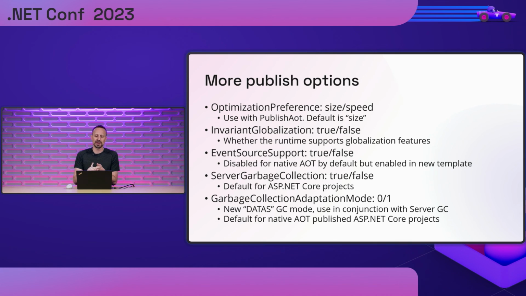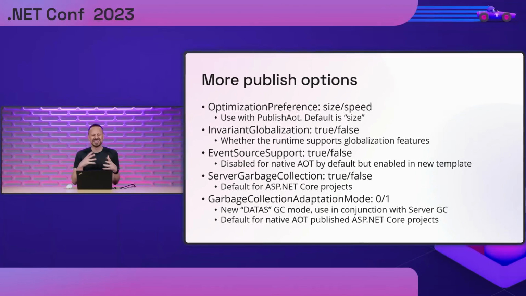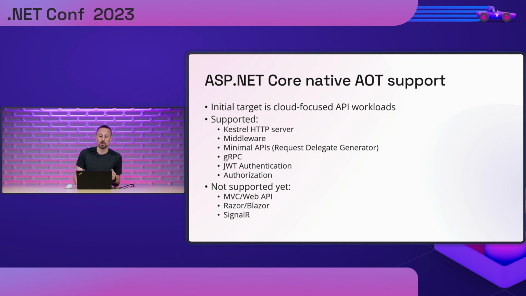Then there are things like invariant globalization, support for EventSource, server garbage collection, and the new garbage collection adaptation mode, or DATAS, that I know David Fowler talked about yesterday in his performance talk, which attempts to use much less memory while using server GC and adapting that memory based on what the application actually requires.